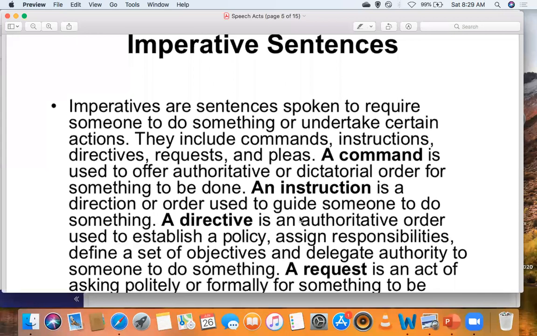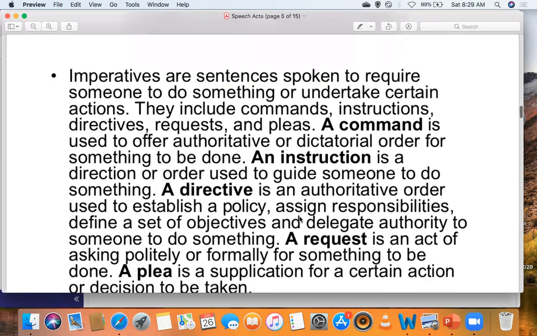We can categorize types of imperatives into soft and hard imperatives. The soft imperatives will be the requests and the pleas, and the hard imperatives will be the commands and the directives.